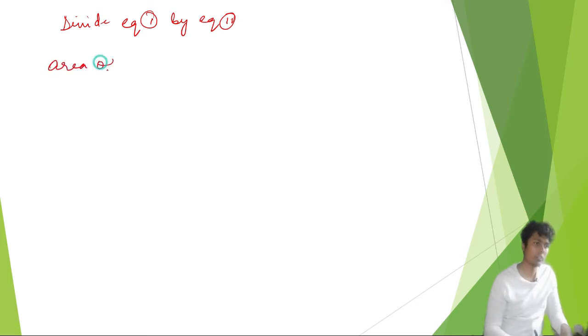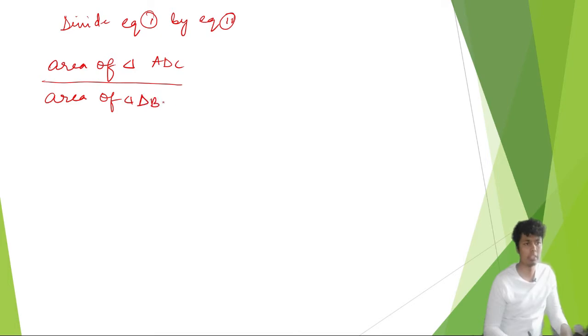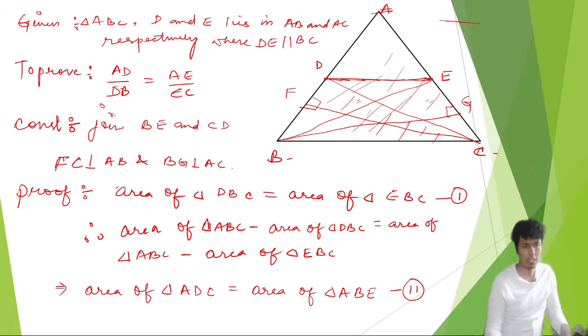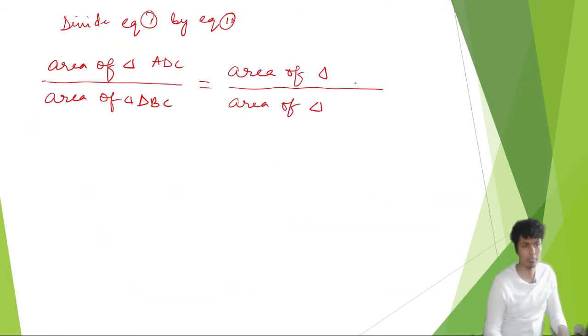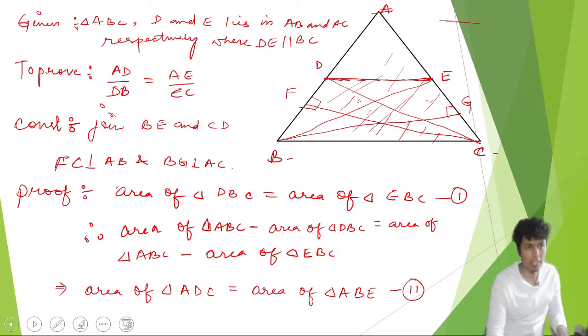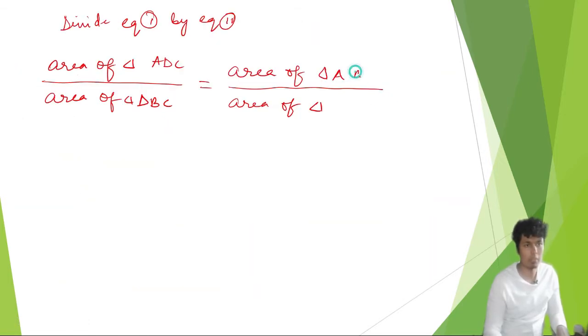Area of triangle ADC divided by area of triangle DBC is equal to area of triangle ABE divided by area of triangle EBC.